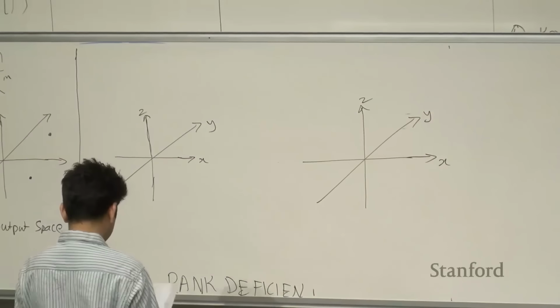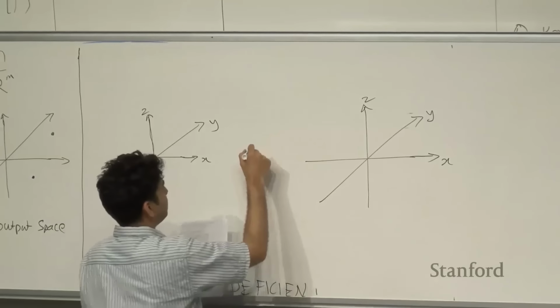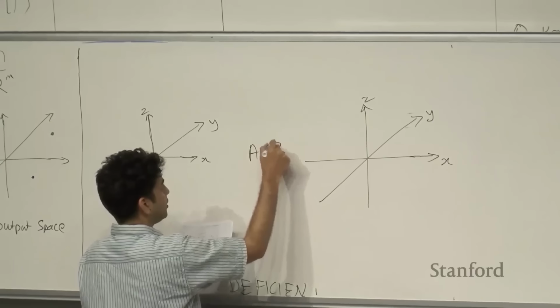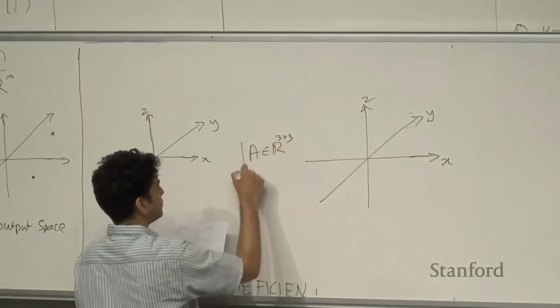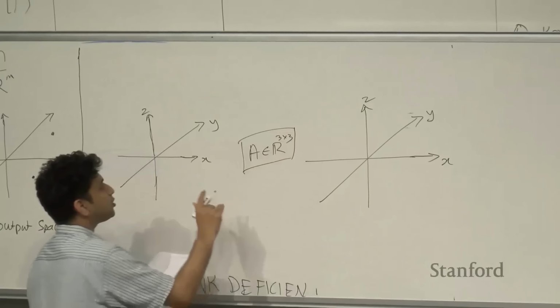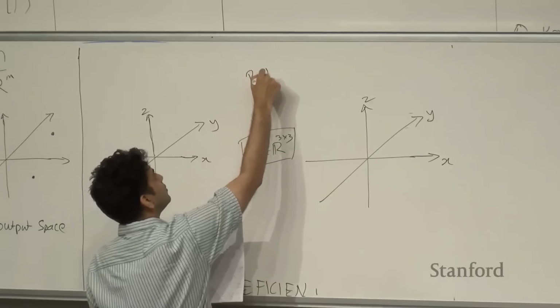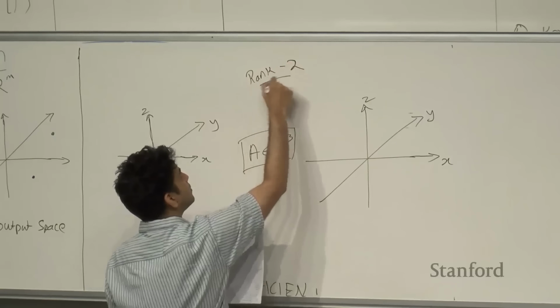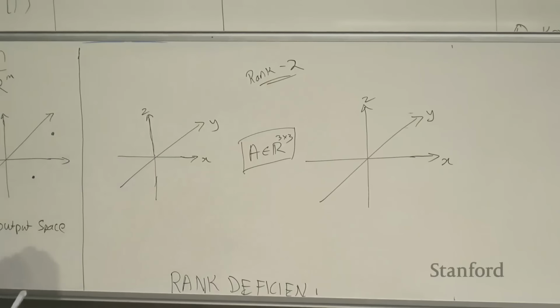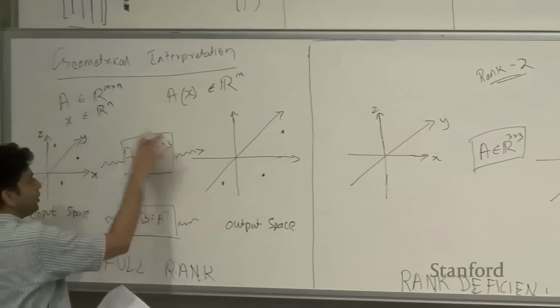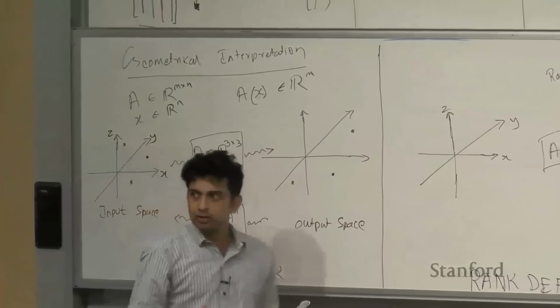And similarly, we have an A over here. A is again in R 3 by 3. But let's assume this is a rank 2 matrix, right? And this was a full rank matrix. This was a rank 3 matrix, so it could uniquely map every point to every other point, and you could go back through the inverse.